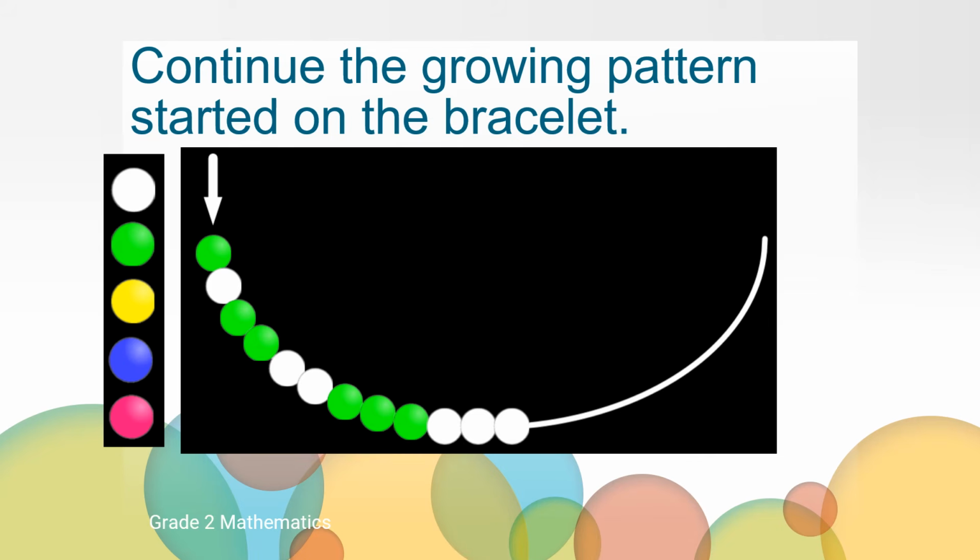Green? How many green? 4 green come next in my growing pattern. What comes after that? White? How many white beads? That's it, 4 white beads.